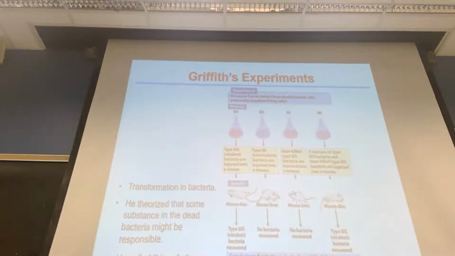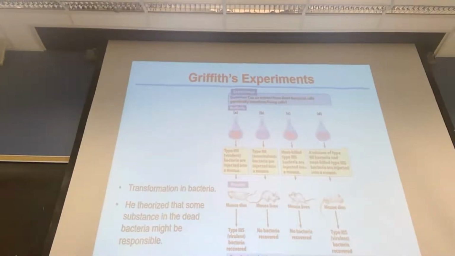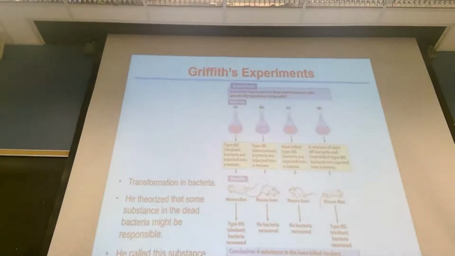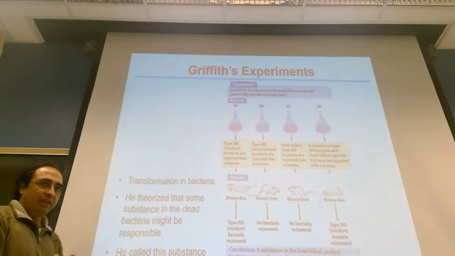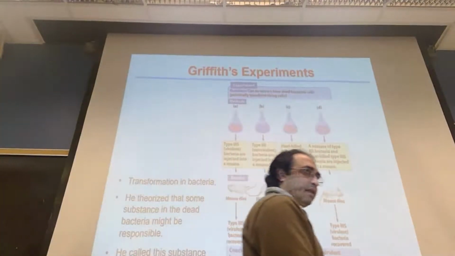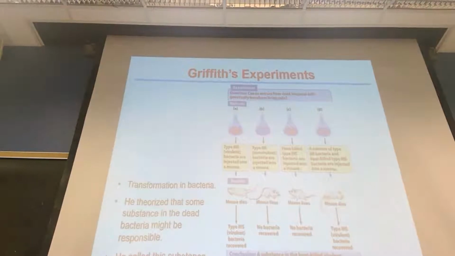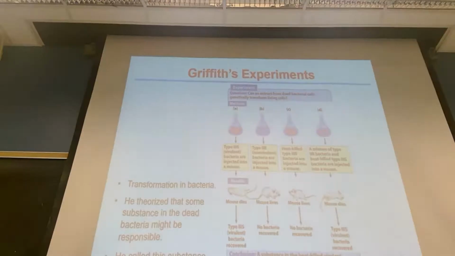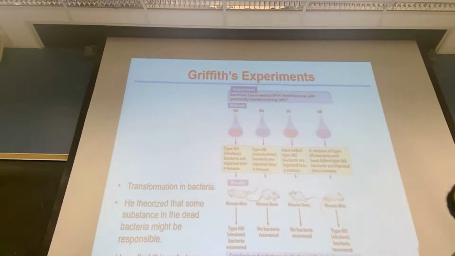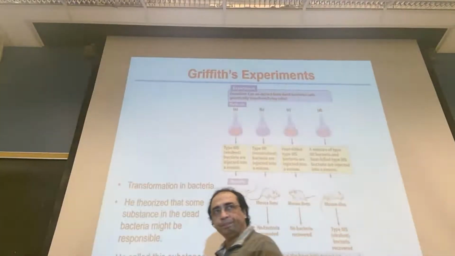That is called the non-virulent type. If I inject the virulent type bacteria into mice, the mice will have pneumonia. If I inject the non-virulent type of bacteria into mice, they will not have any kind of pneumonia.